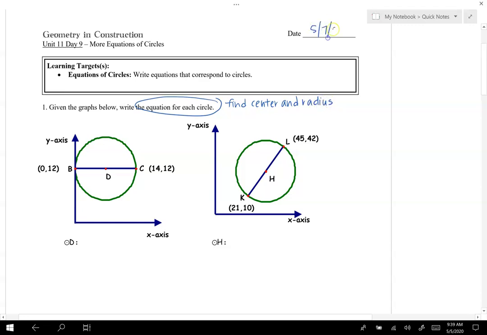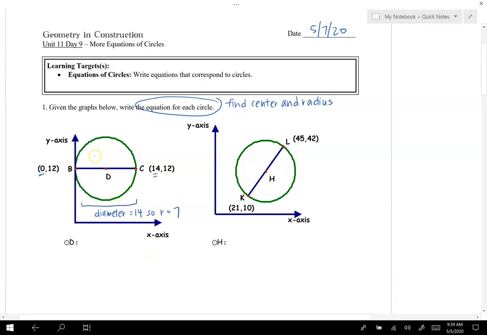I'll write the date here. All right, and so if I look at circle D, I don't have the radius yet, but I could certainly figure it out. So if I look from here to here, my diameter is actually 14, because I go from 0 to 14 on the x, which means radius is 7. So that's nice. And then I have to find my center.